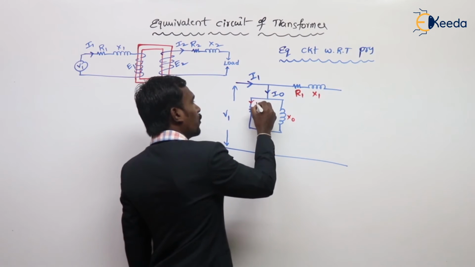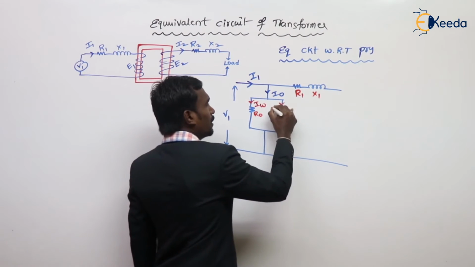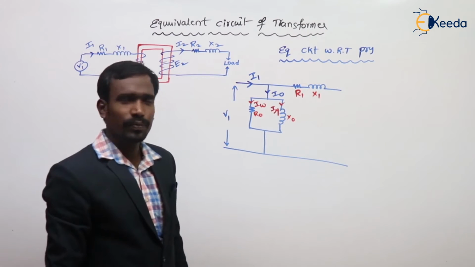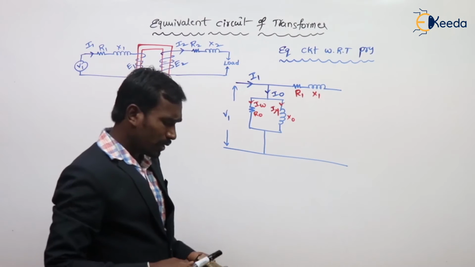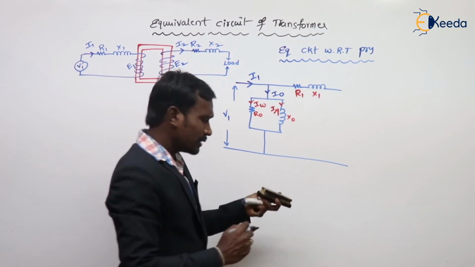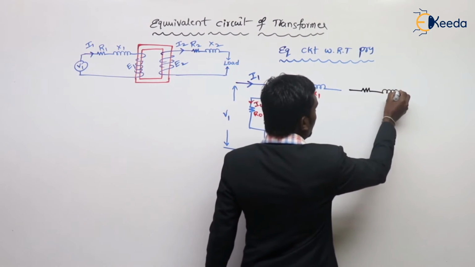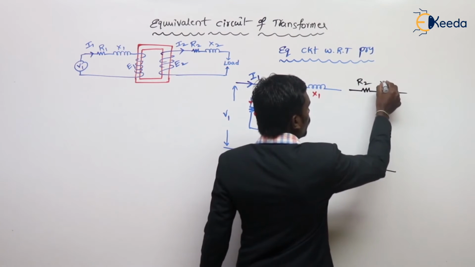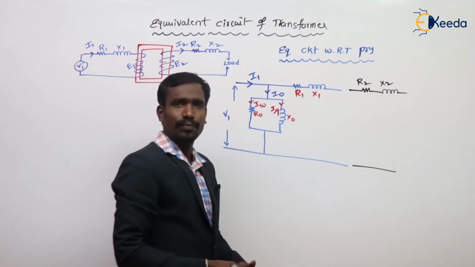What is the current flowing in this branch? Working current. And the current flowing in this branch is the magnetizing current, you know that. This is the primary one. What do we have next? We have the secondary one. Here the secondary resistance is R2 and reactance is X2.